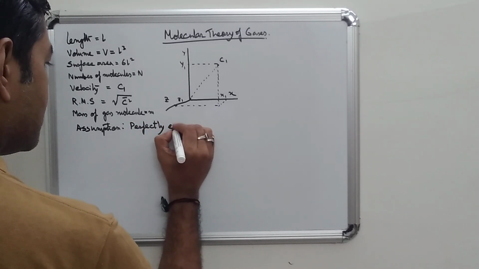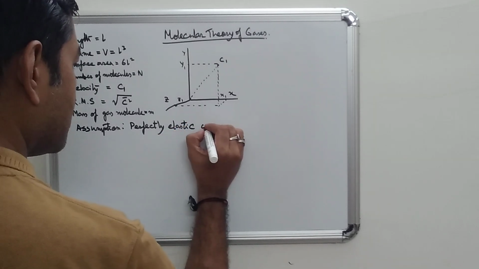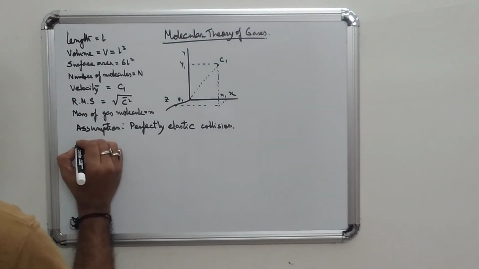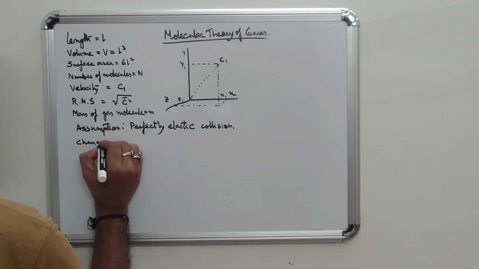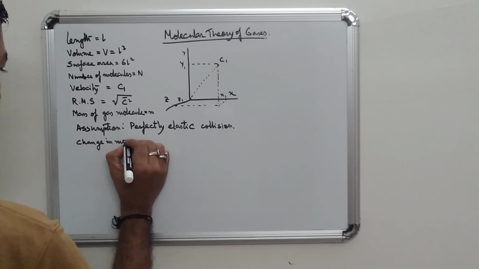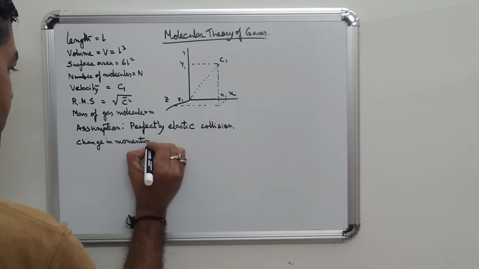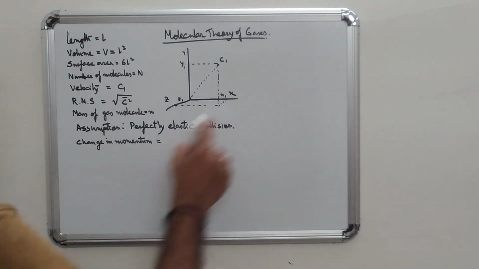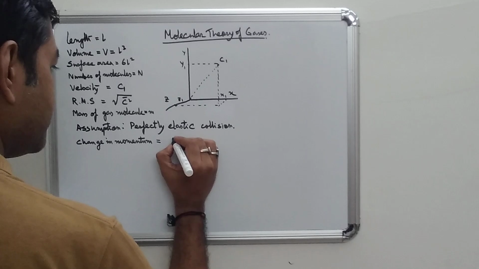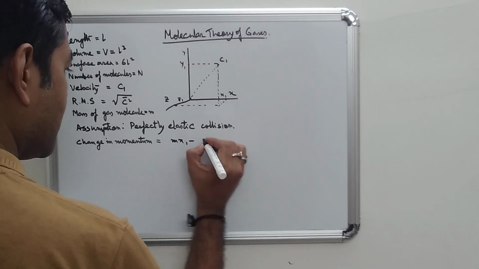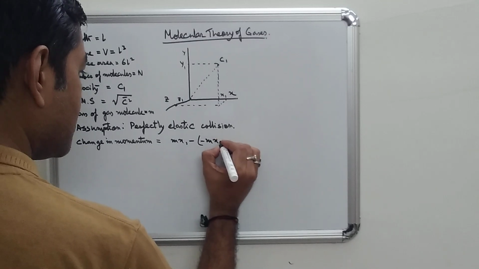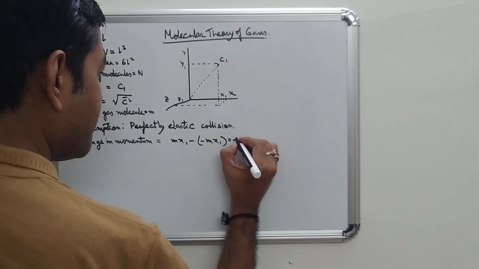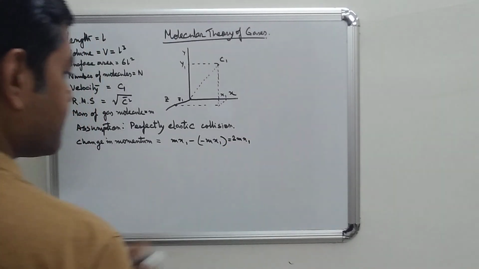Thus, the change in momentum of each molecule in the x1 direction, x1 being the velocity, will be mx1 minus the reversed velocity direction, minus x1, so the total change is equal to 2mx1.